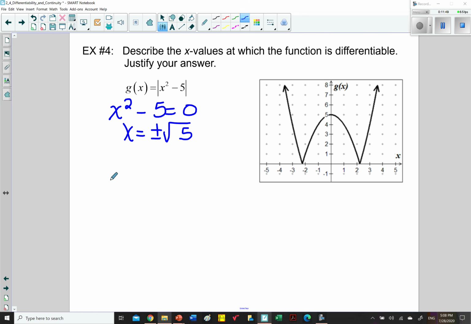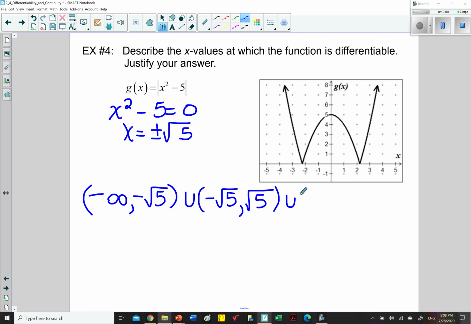So the x values where it's differentiable would be from negative infinity up to negative radical 5, then in between from negative radical 5 to positive radical 5, and finally from radical 5 to infinity. So here I've got a continuous function, but I don't have differentiability at positive square root of 5 and negative square root of 5.